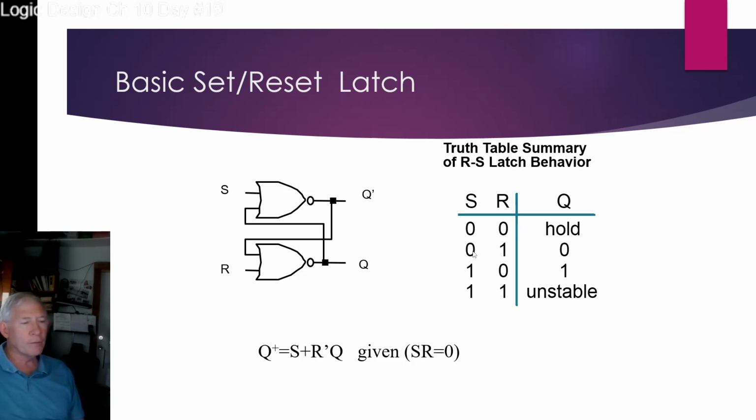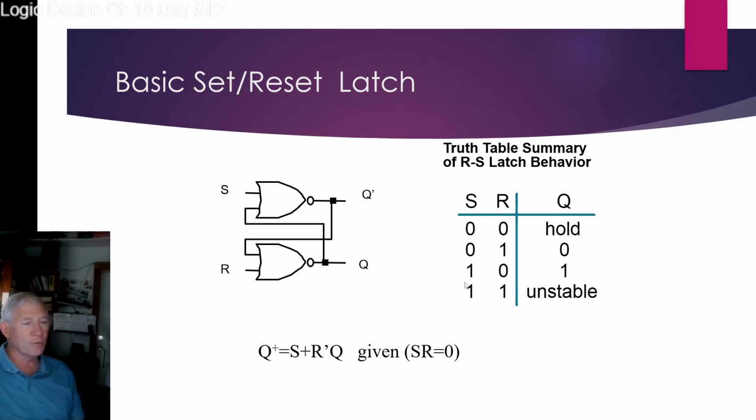On the other hand, if S is 0 and R is 1, then the latch will go to a cleared state where the output Q is 0 and Q prime is 1. If S is 1 and R is 0, just the opposite. Q becomes 1, so we say the latch is set, and Q prime becomes 0.